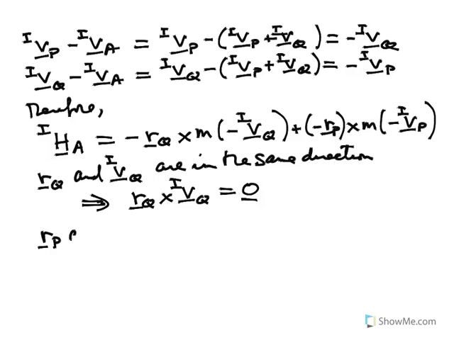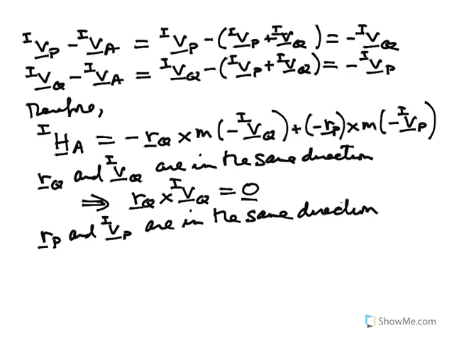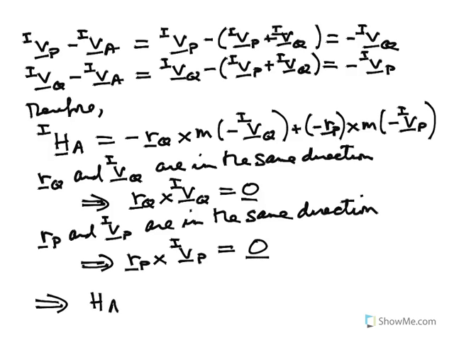RP and VP in I are in the same direction, which implies that RP crossed with VP in I, there's a scale factor of M in here, but M can just be brought out front, so it doesn't really matter, is equal to 0, which says that the angular momentum relative to point A is equal to 0.